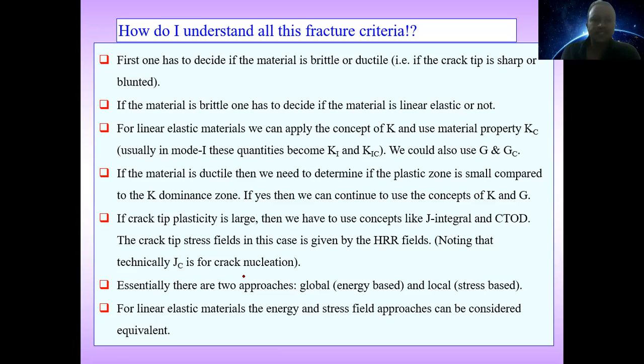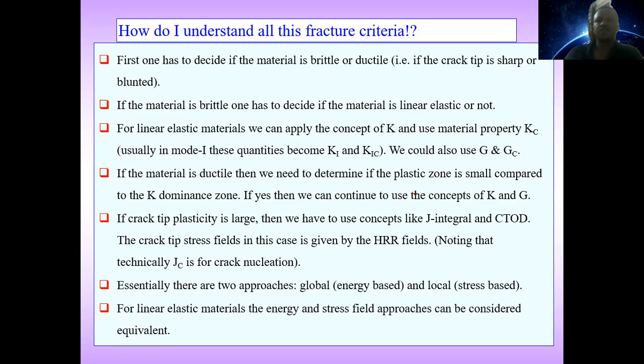For a linear elastic material, we can apply the concept of K and the material property Kc. Usually in mode 1, these quantities become K1 and K1c. We would also use G and Gc, that is, fracture energy. If the material is ductile, then we need to determine if the plastic zone is small compared to the K-dominant zone.